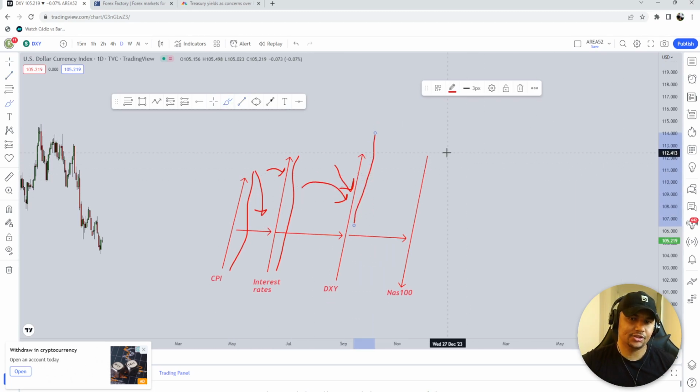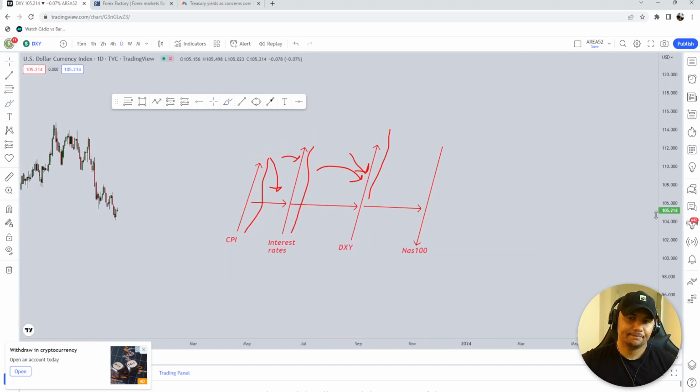Now, why does the stock market, especially the Nasdaq, fall? It's easy, because the Nasdaq is a composite made up of 100 of the top tech companies located in the USA. This is Amazon, Apple, Google, Microsoft. All of these companies rely on consumer spending.